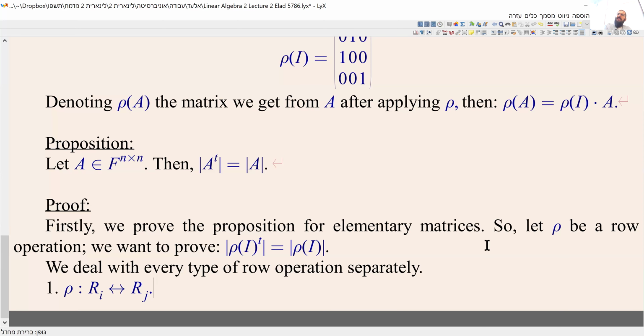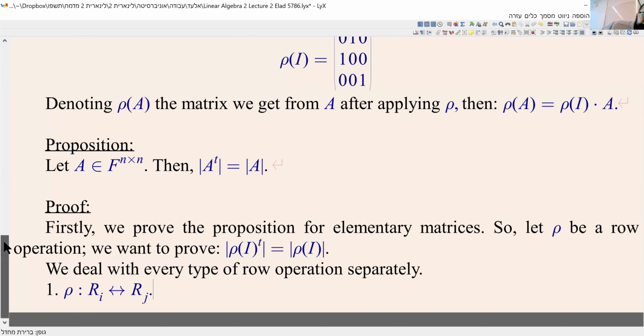And remember, row I is not just a general matrix. It's a very specific kind of matrix where we took I and applied row on I. We have an example here.